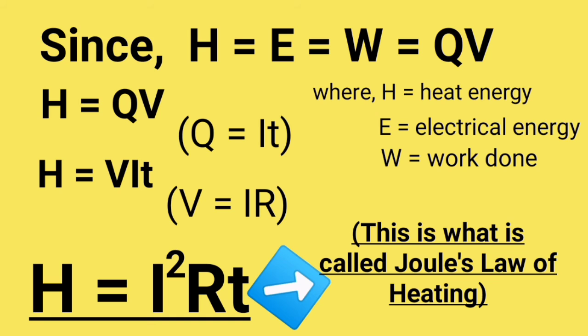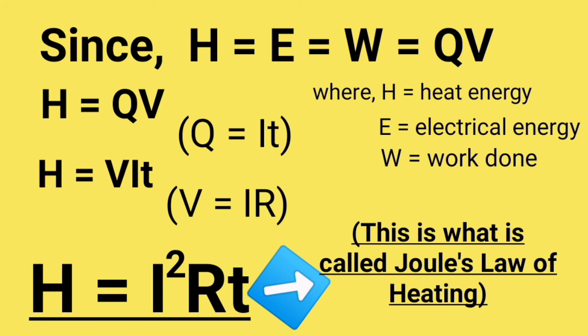Again, you can replace V by its formula, V is equal to IR, by Ohm's law. So when we put the value of V, we get H is equal to IR multiplied by IT. So finally we get H is equal to I square RT.